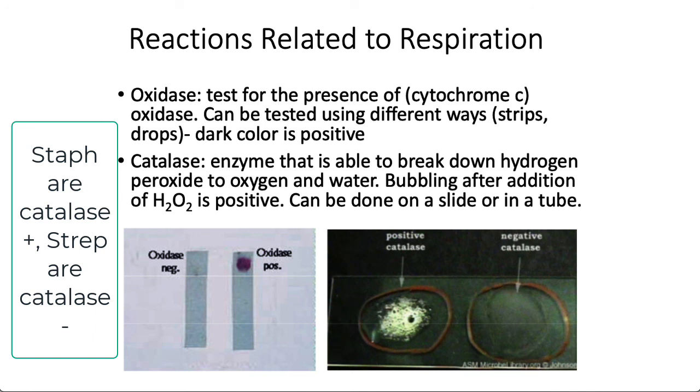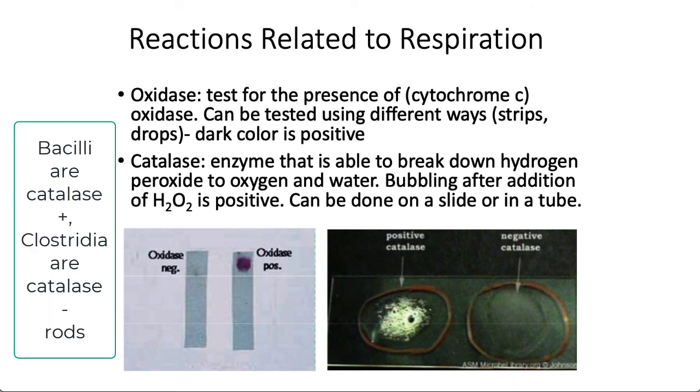So Staphylococci are catalase positive, and Streptococci are catalase negative. And the same is applicable to bacilli and Clostridium. It is kind of simple in the sense that Clostridia, by definition, are obligate anaerobes. They do not have catalase, and bacilli are always catalase positive.